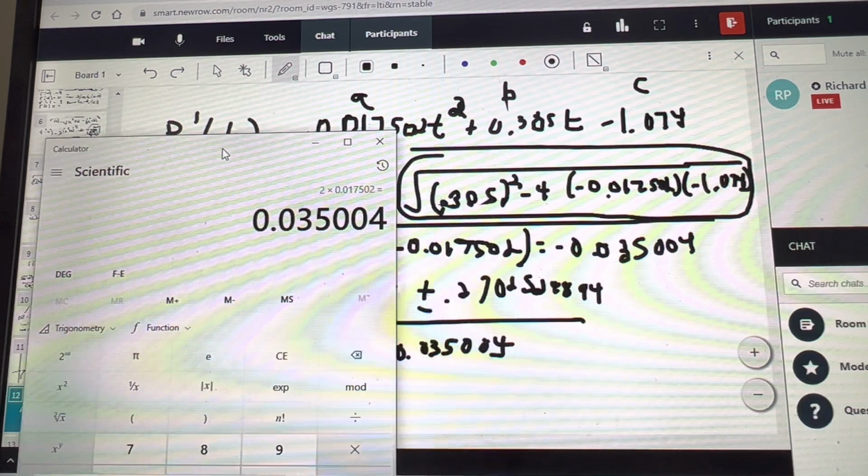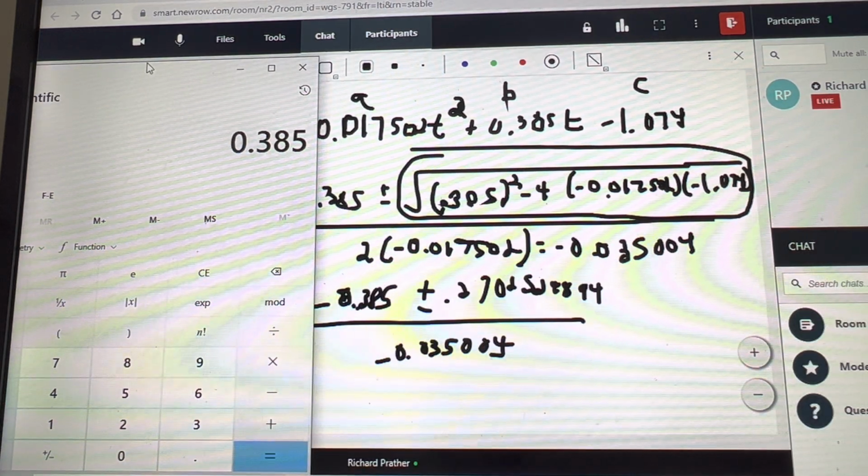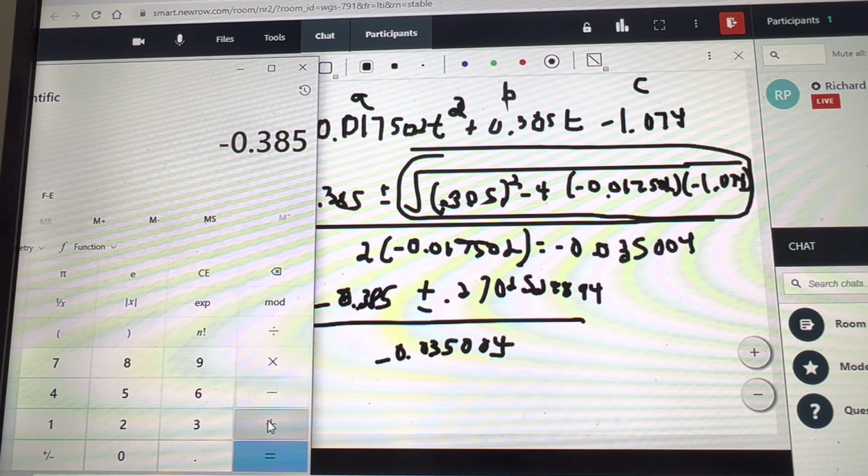So you'll be able to see this. I'll put in negative 0.385, and this calculator has a plus or minus button at the bottom, plus 0.2702524894, and then divide by the negative 0.035004 in the bottom.